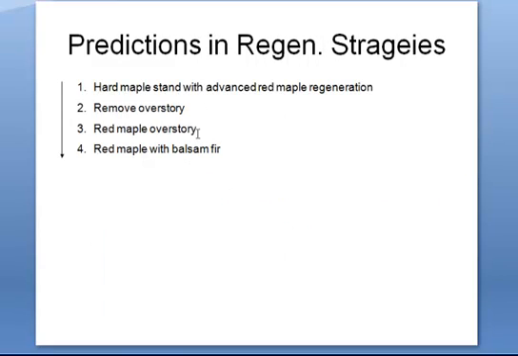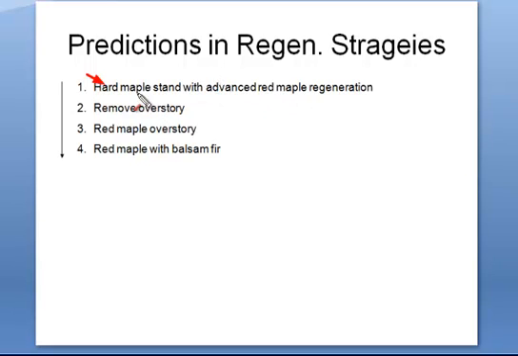So how do we predict when different trees are regenerating? One of the most interesting ones is trying to predict when to harvest hard maple for the seed, and that has an influence on what happens with the red maple regeneration.